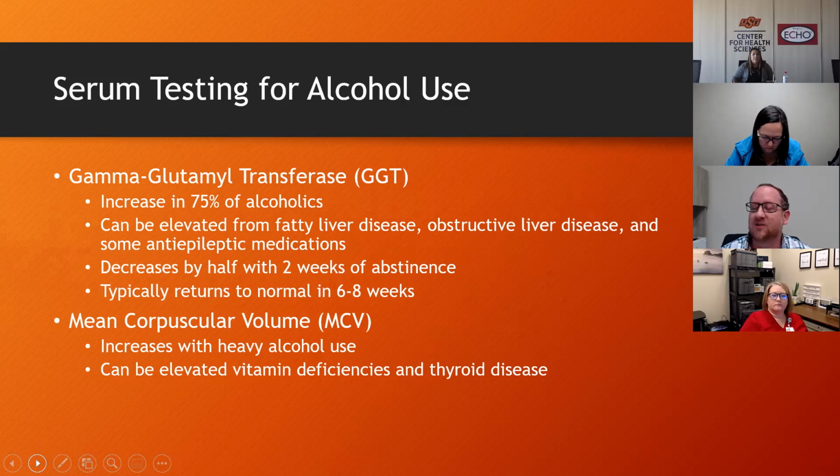So it's something you could utilize as a tag-along. If their GGT is elevated and their MCV is elevated, maybe we have someone who's drinking alcohol. It also can be increased in people with vitamin deficiencies like B12 deficiency, as well as thyroid diseases.